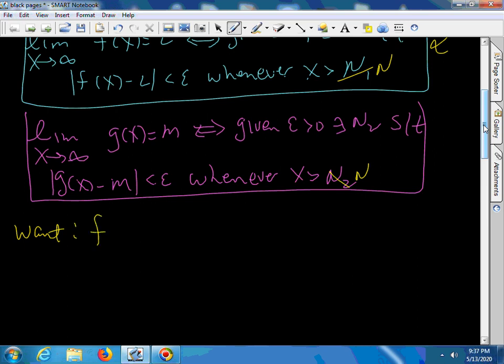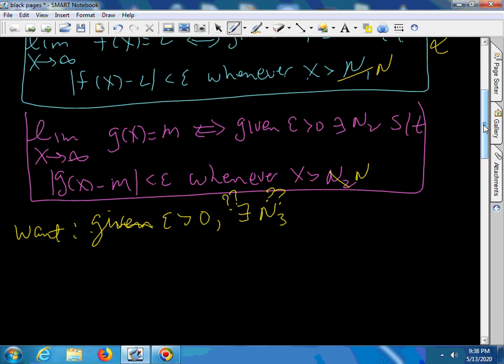We want, given epsilon greater than 0, that there does exist an N3. We do not know that it exists yet. Given, but we want it to exist. So let's assume for right now it exists, and then hopefully later we can find it.